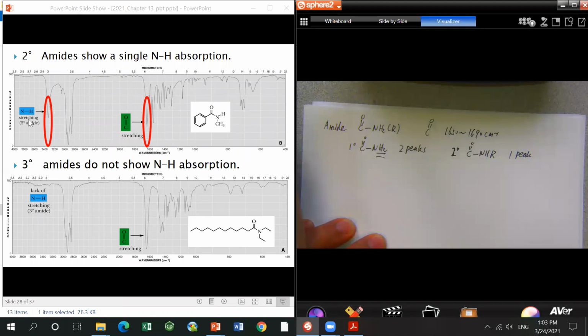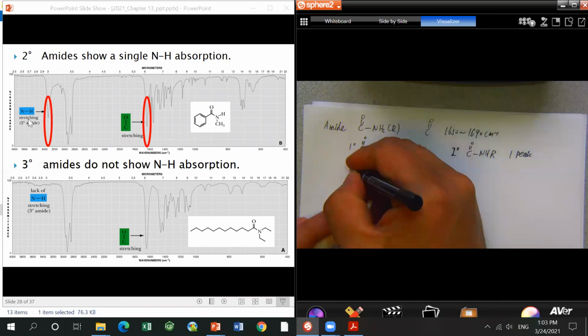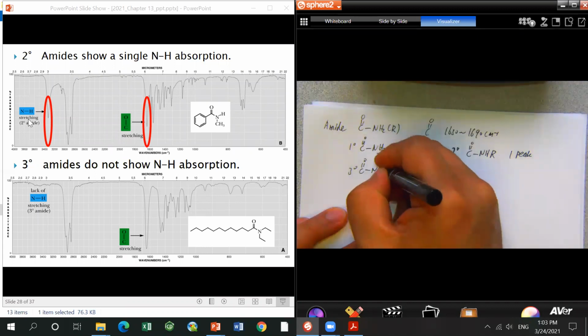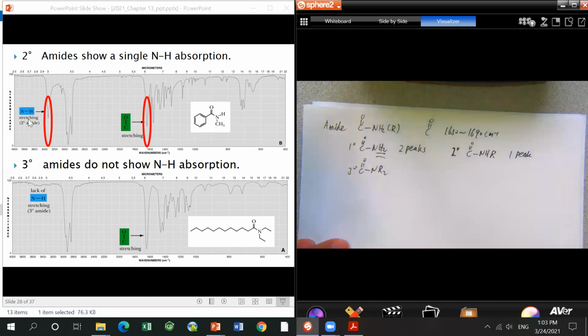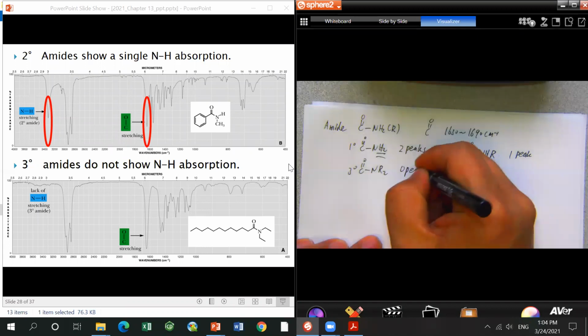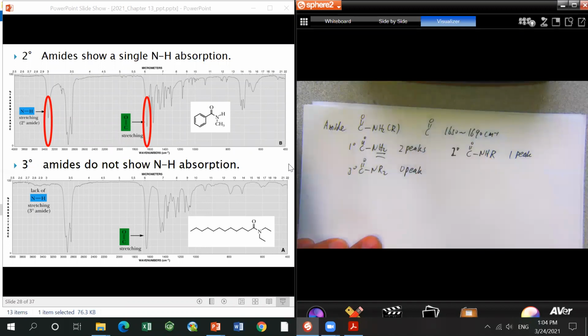If it's a tertiary amide, there's no NH, just two R groups, so you won't see any NH stretching, zero peaks. The example here is a tertiary amide with two R groups, no NH stretching, but you still see the CN bond stretching.